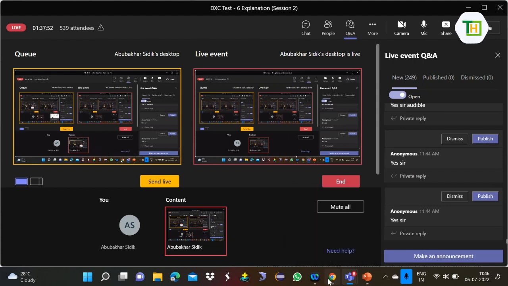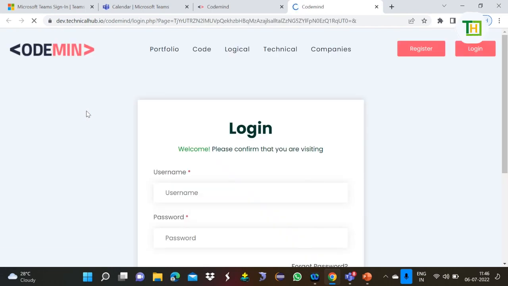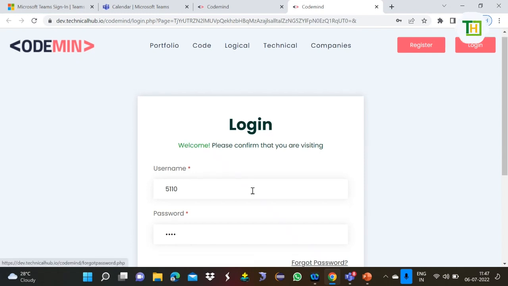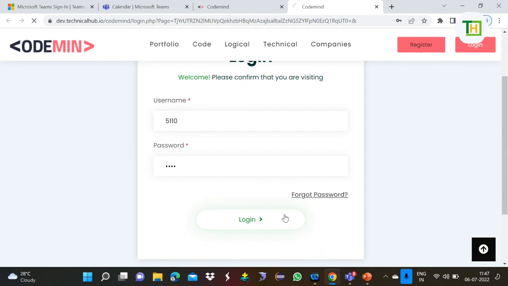So I'm thinking that you can see my screen and you click on this placement training and click on here, and they will ask you for username and password. You just give your username and password. Then just log in.